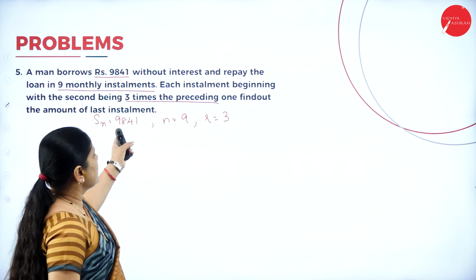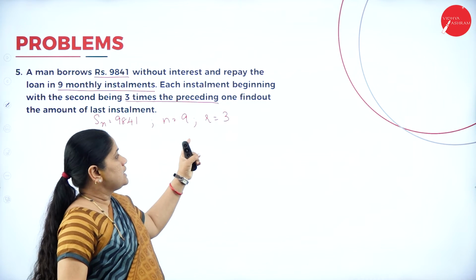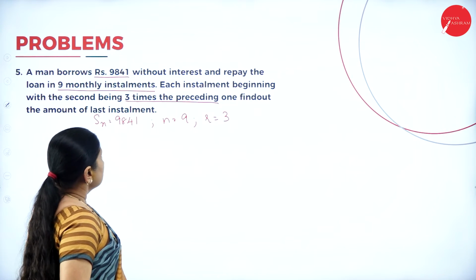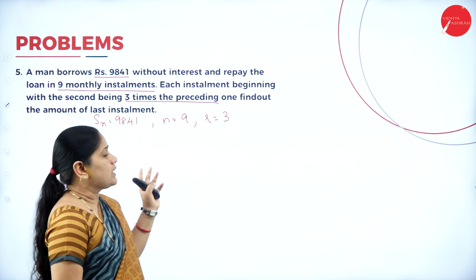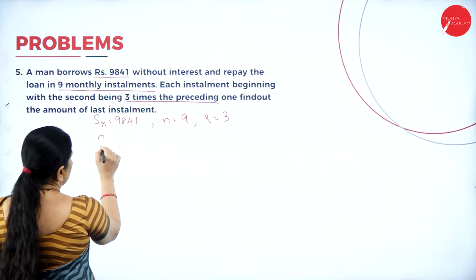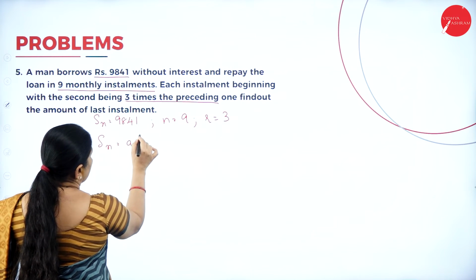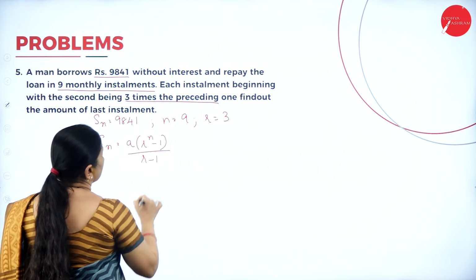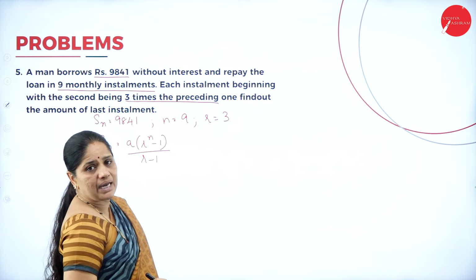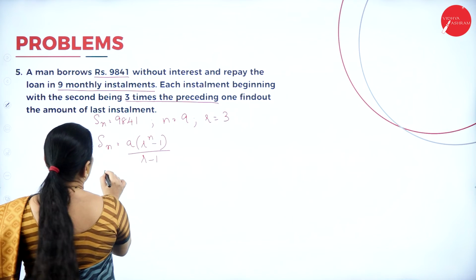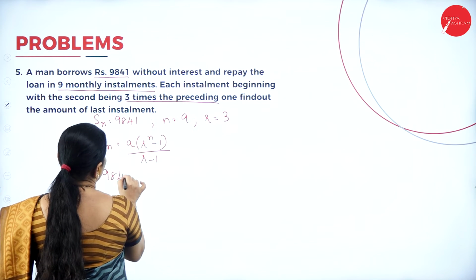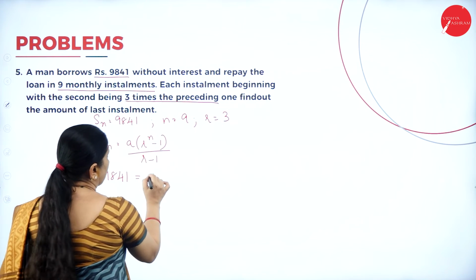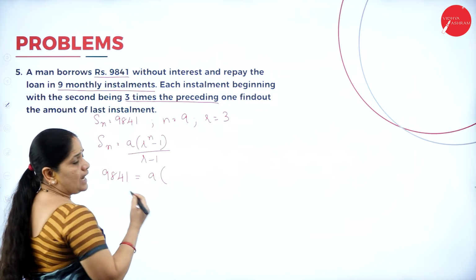So, 9,841, 9 installments, and each installment will be 3 times the preceding one. So, we will use the formula Sn equals A into R to the power of n minus 1 divided by R minus 1. So, 9,841 equals A, I don't know, so I write it as it is, and R I know.